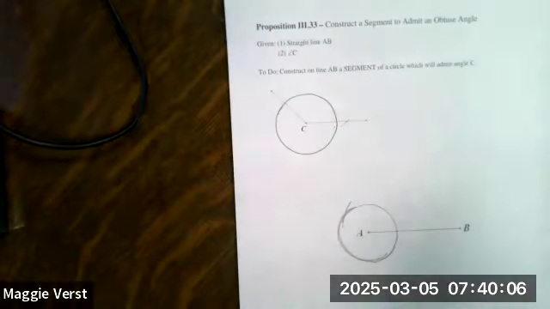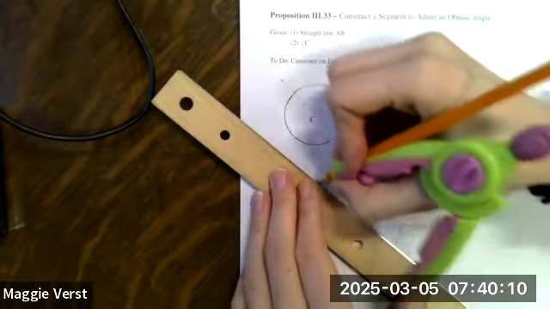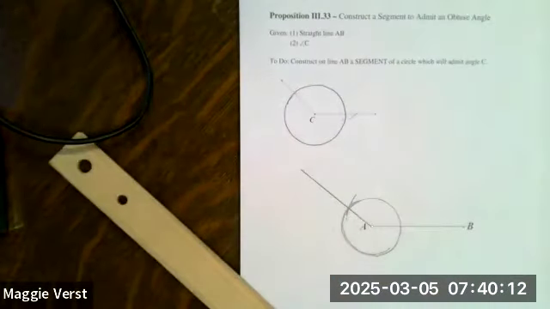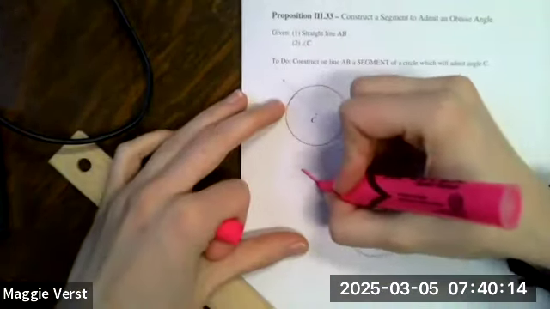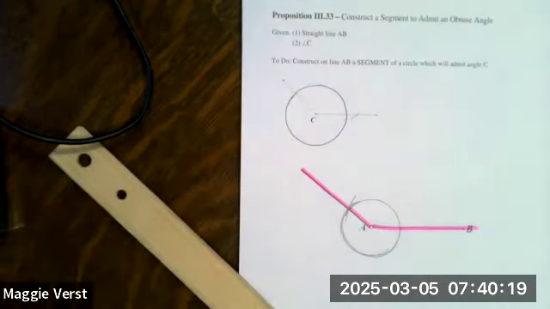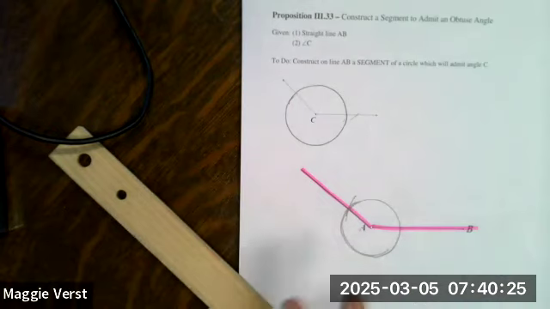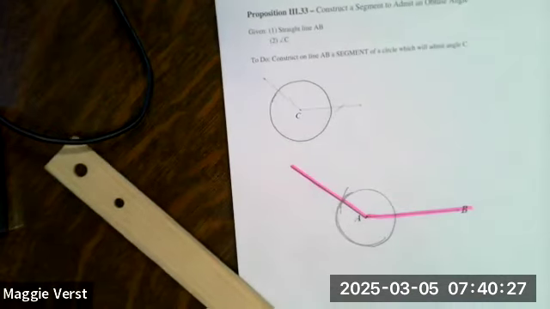Take my straight edge. Great. And now I'm actually going to highlight where my angle is. It's going to get to be a very crazy construction. You're going to want to highlight it first. Great. Now I'm going to finish drawing the tangent.